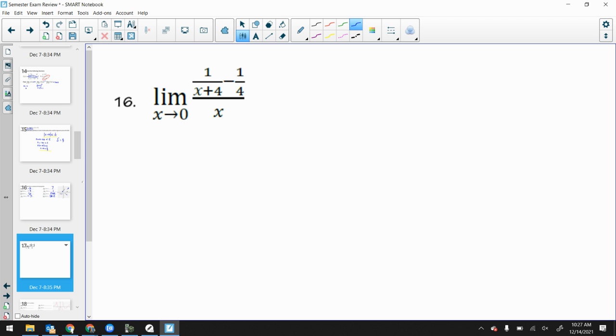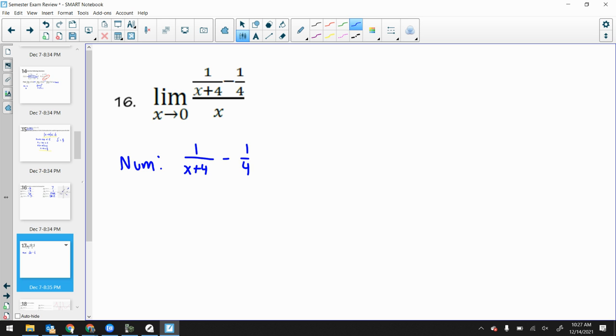Ooh, this one looks fun. My definition of fun. Okay. Can I plug in 0? No. Bummer. So let's reduce down the top and then divide it by x and see if we can do anything to it. So this is the numerator: 1 over x plus 4 minus 1/4.